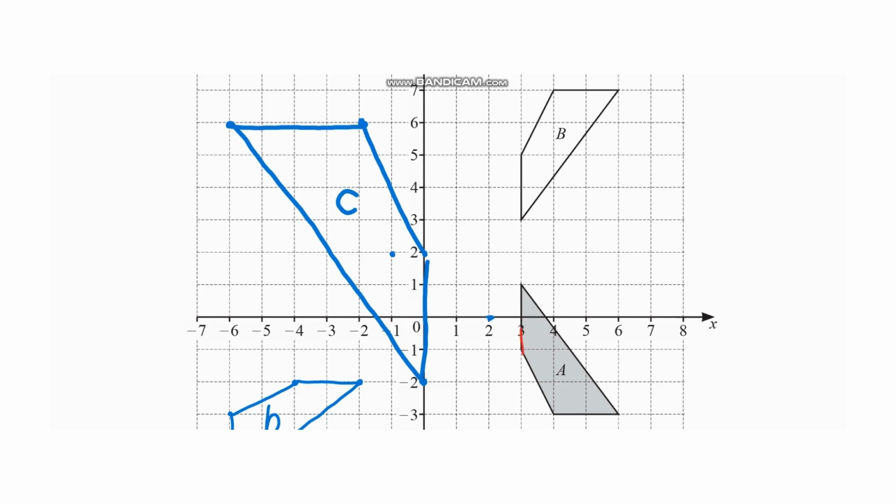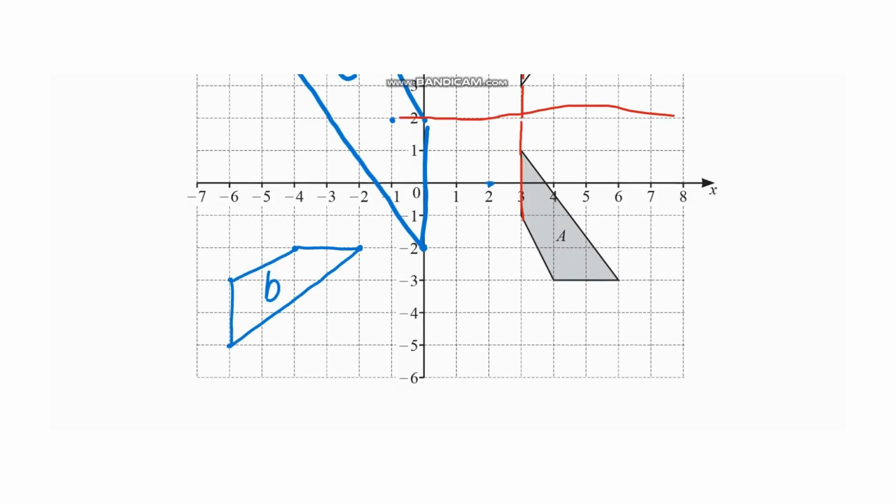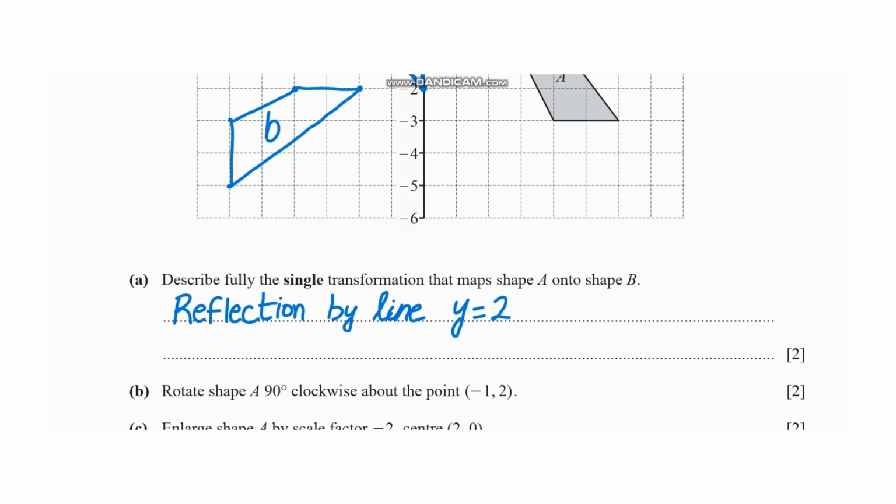As you can see, this side of the shape is on the same side of object B. So it is reflected in the line y equals 2, because this point, which is 3 to 3, is an equal distance from the reflection line as compared to 3 to 1, which is also an equal distance from the reflection line. So this is the reflection in the line y equals 2.